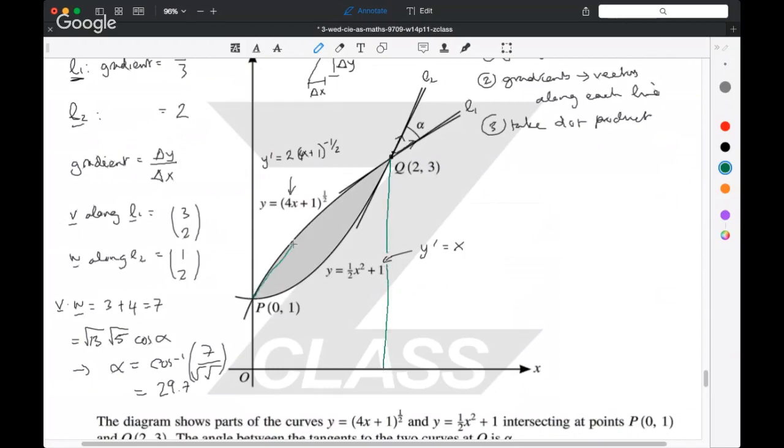There's this bigger area which I would get by integrating this curve, and that would give me this whole big area. And if I integrated this curve, I would get just the area under that. So the shaded area is just the green one minus the orange one, right?